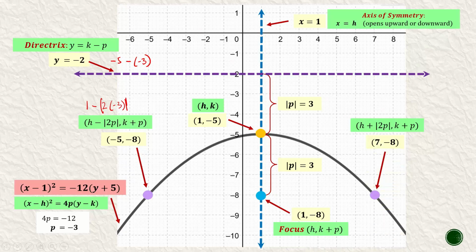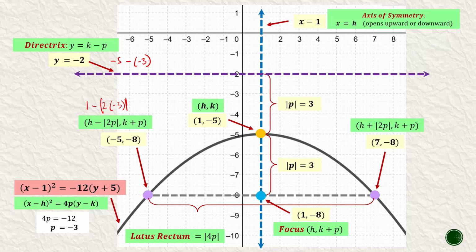That will be equal to 7 and negative 8. And of course, we have this LR, and the length of that is equal to the absolute value of 4p. We can clearly see that from our equation: negative 12, the absolute value of that is equal to 12.